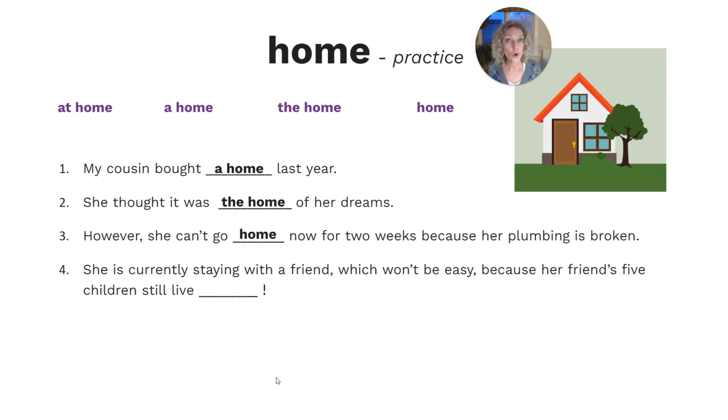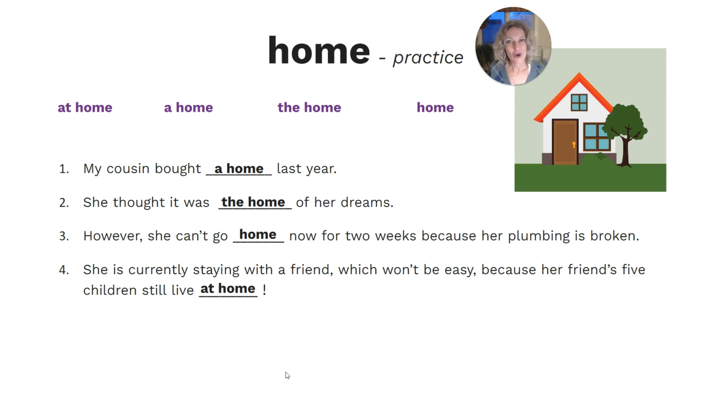She can't go in a home direction now for 2 weeks because her plumbing is broken. So number 4, she is currently staying with a friend, which won't be easy because her friend's 5 children still live at home. And here, at home refers to an activity. It means not working, not going out, staying in the house.